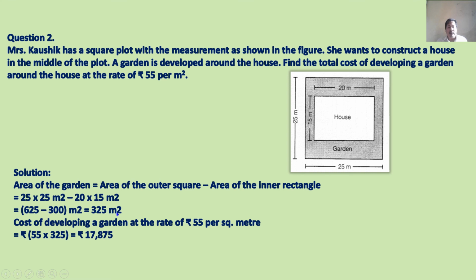That is 325 meters square, isn't it? The meter square is not required here to find the cost, so we need only the figure, 325. So 55 into 325, we get 17,875 after multiplication. Okay, so this is the answer. Then we found the total cost of developing the garden in the plot. So here we have the answer for question number 2, and let us go to the next question.